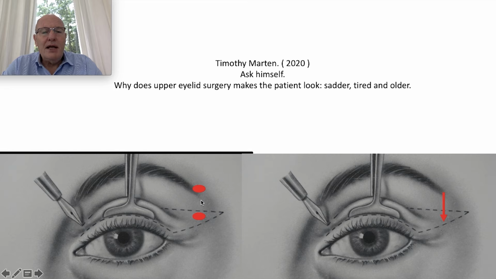If the tail of the eyebrow drops, we must pull up, but the conventional blepharoplasty pulls down. Generally, the head of the eyebrow remains in the same position during the years, and here we remove less.